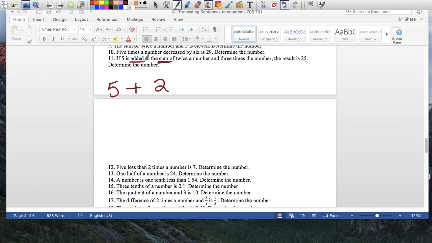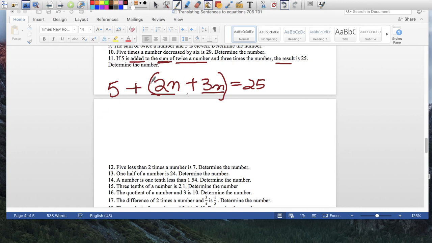So there's 2 added. So 5 added here and added. So sum, I'm going to add 2 things. Twice a number, which is 2n, and 3 times a number. The result equals 25. In this case, I need to put a parenthesis here because we're talking about the sum of these 2 items, right?